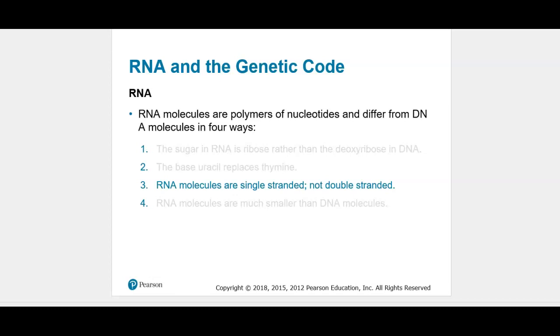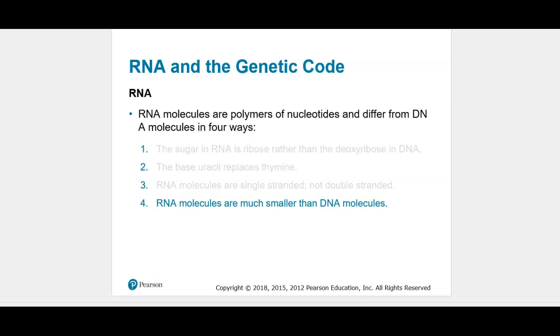The difference in the sugar is itself quite a substantial difference. I don't know if that is the reason, but it is a fact that RNA does not form double helical structures like DNA. RNA molecules are much smaller than DNA molecules.